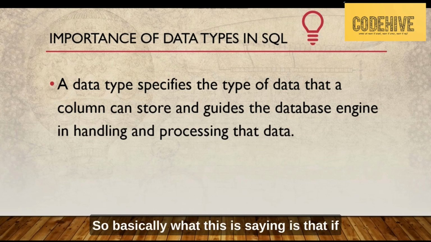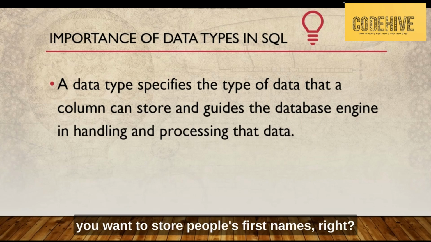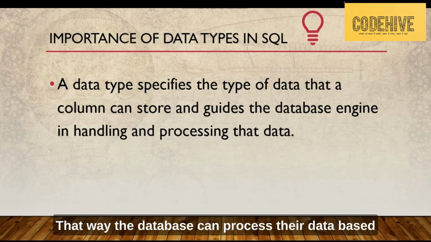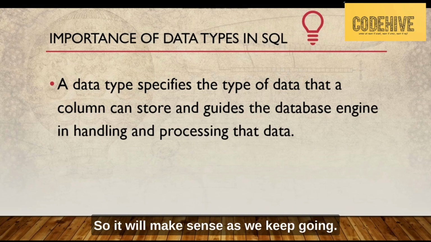So basically, if you have a column named first name and you want to store people's first names, you need to decide on the data type for it. That way, the database can process the data based on the specific data type that you have chosen. It will make sense as we keep going.